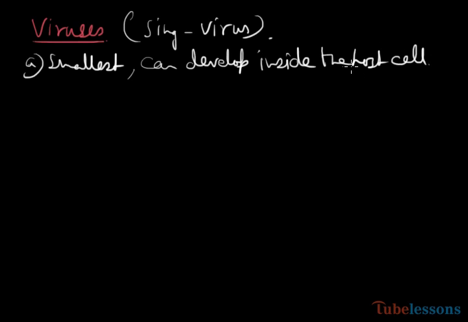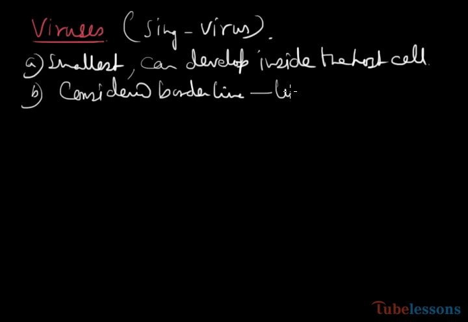Host cell may be plant or animal host cell. Number 2, considered to be between living and non-living, or rather borderline, dividing living and non-living.